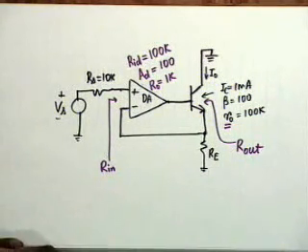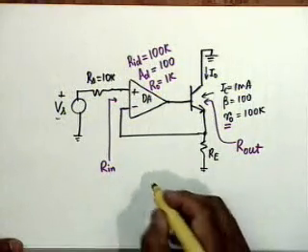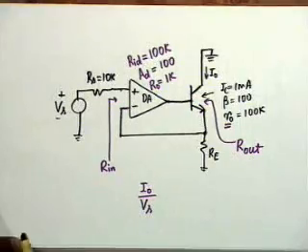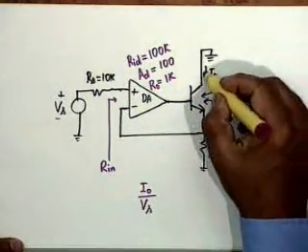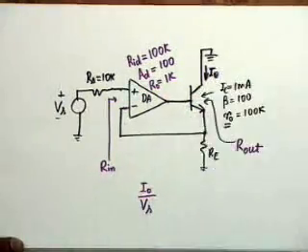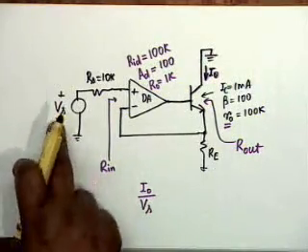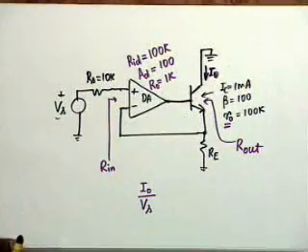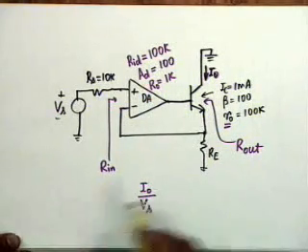These are the things to be found out. I also have to find out I0 by Vs. Where are you taking the output from? Output is this. The current I0 is my output. This is actually the circuit of a voltage to current converter. Can you identify what the feedback connection is?